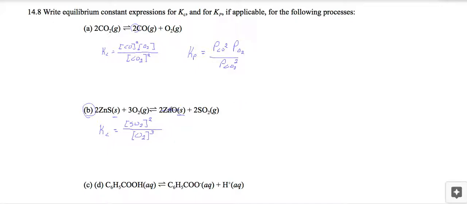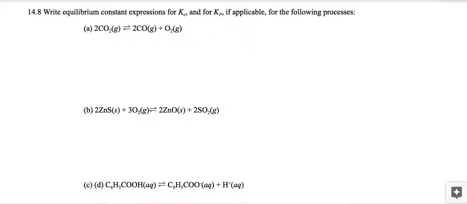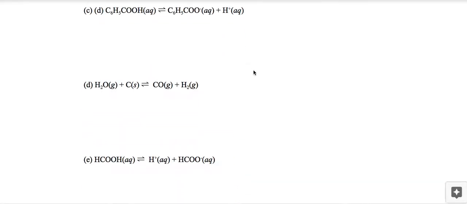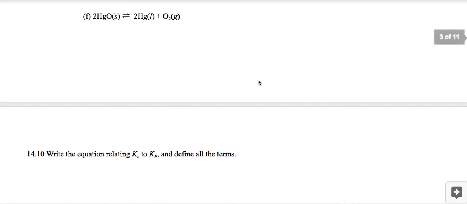And then we do not include solids. We have a lot of practice there. I'm not going to do any more.